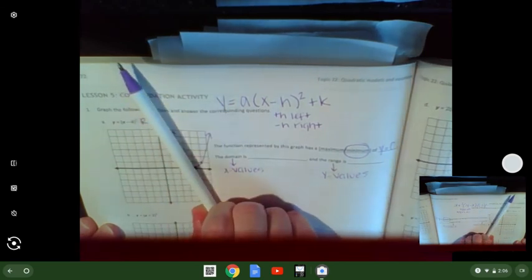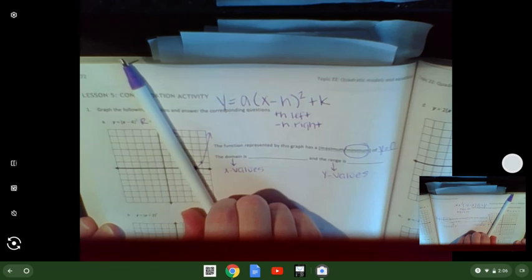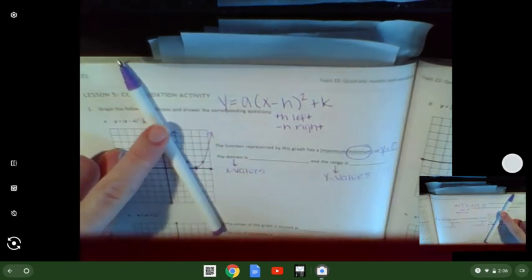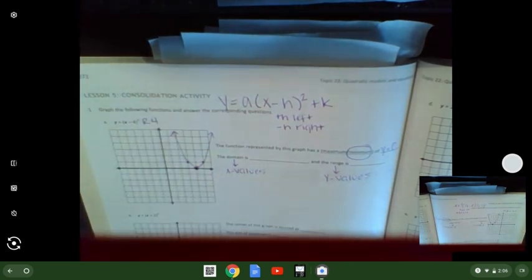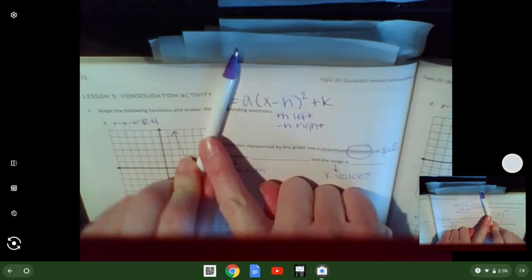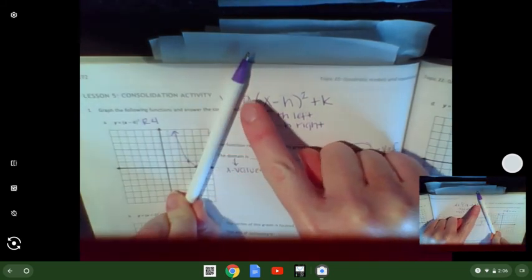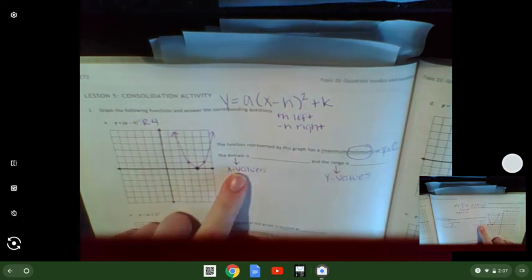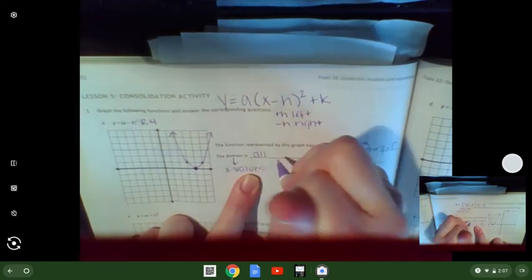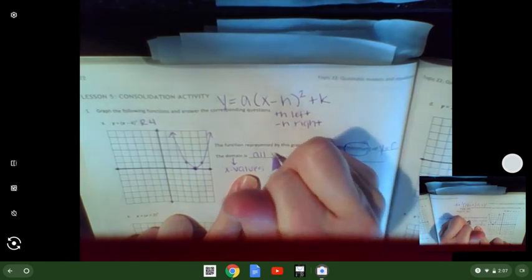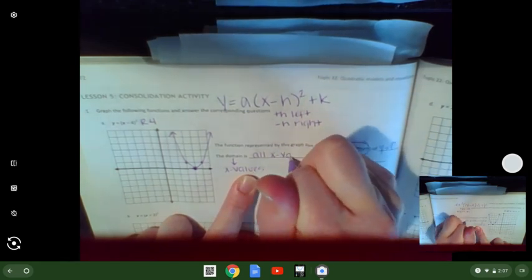If I put my pen on there, I can see that my pen is still going off to the left. So eventually I'm going to cross 1. Eventually I'm going to cross 0. And if my paper were large enough, I would keep going to the left. Similarly, if I went off to the right, eventually I'm going to cross 5, 6, 7, 8. It's going to take a long time to get there, but eventually I am. I actually cross all X values, or we can say all real numbers, or I'm just going to say all X values. I guess that's a little bit easier.